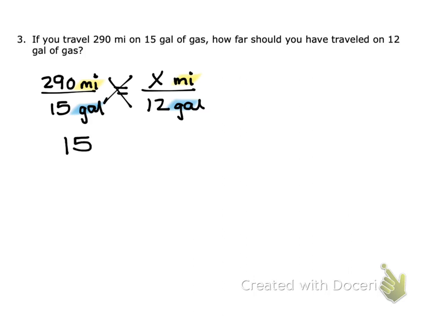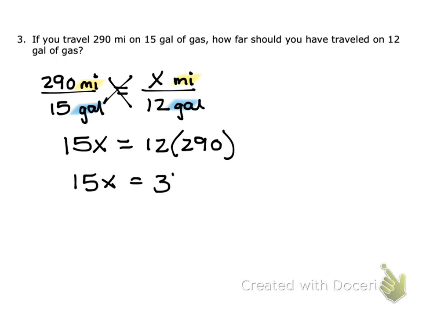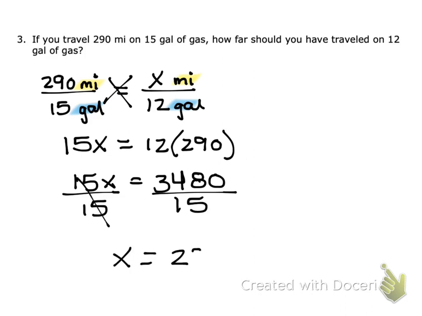So 15X equals 12 times 290. So that would be 15X equals 3,480. Divide both sides by 15. And we get X equals 232 miles.